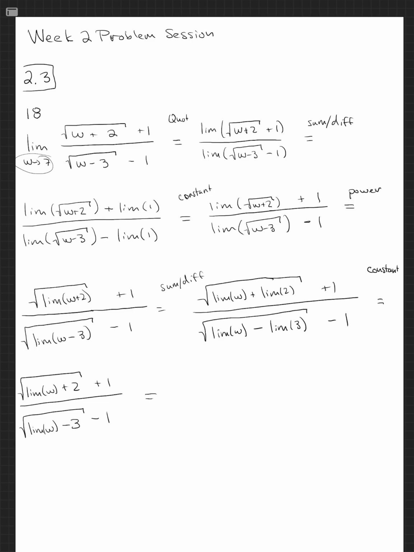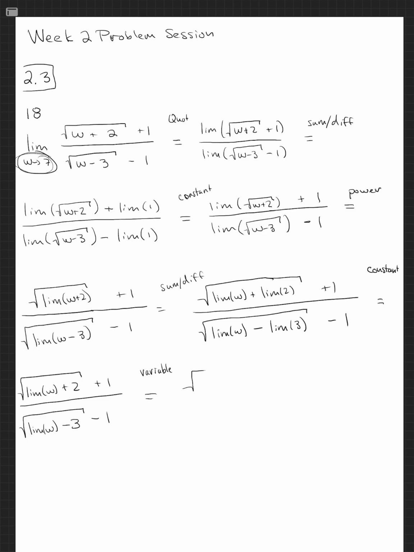Now, the other rule that we have that doesn't have a name is that the limit of the variable, just the variable by itself, that's it. So in this case, the limit of w as w goes to 7 is just whatever it's going towards. So we'll call this the variable rule.